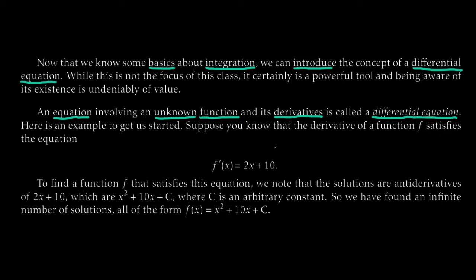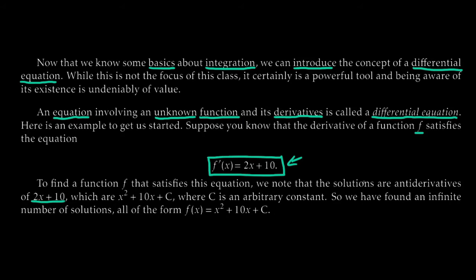So let's just suppose we know that the derivative of a function f satisfies the equation f prime of x is 2x plus 10. So if we want to solve this differential equation, we would notice that a function f that satisfies this is a function which is an antiderivative of 2x plus 10.